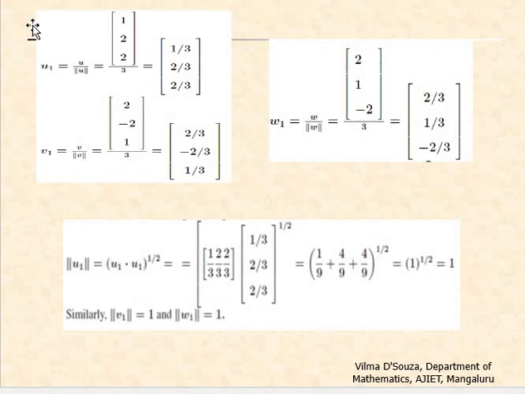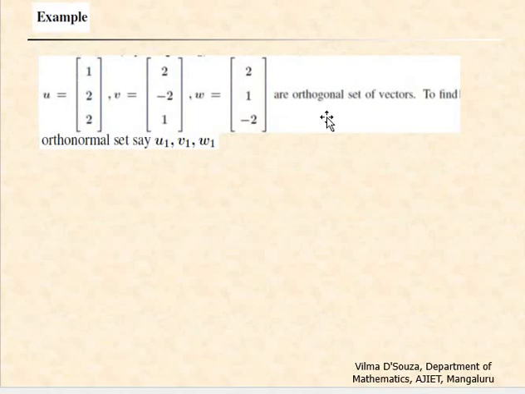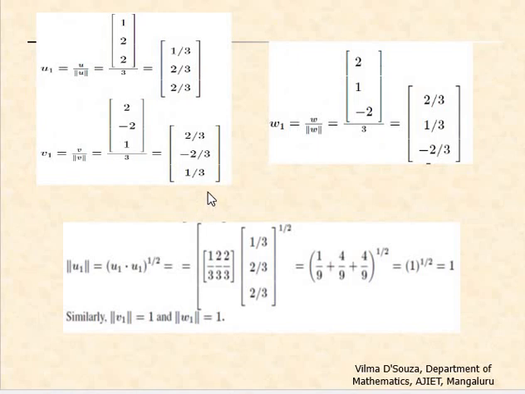You can also verify their product. We have already verified in the last problem that these are orthogonal vectors. So using these orthogonal vectors, we are finding the orthonormal set u1, v1, w1. u1 is u divided by the length of u, v1 is v divided by the length of v, and w1 is w divided by the length of w.